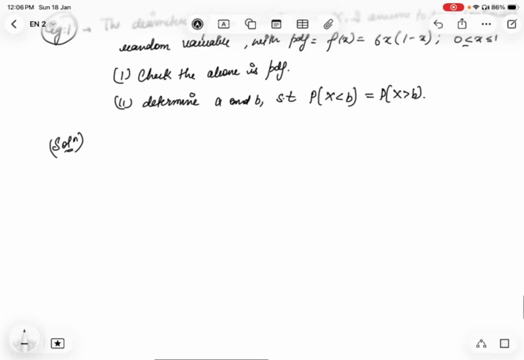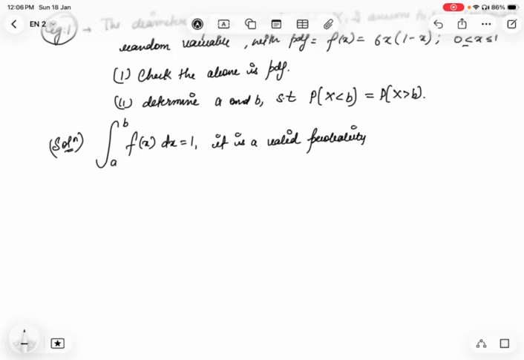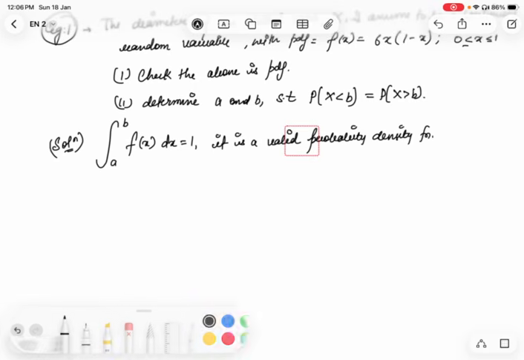Whenever you have to check whether the given function is a probability density function, you just have to prove one thing: if the integration of this from a to b dx is equal to 1, it is a valid probability density function. Important, I should make a box.